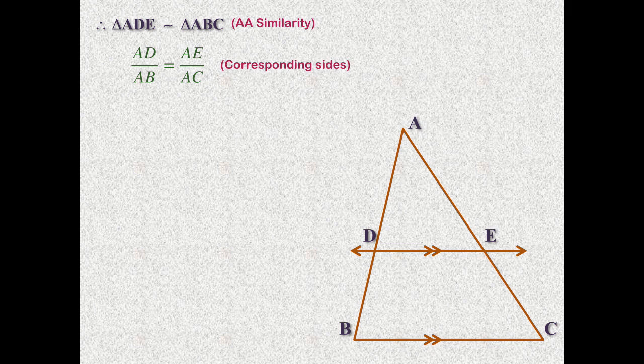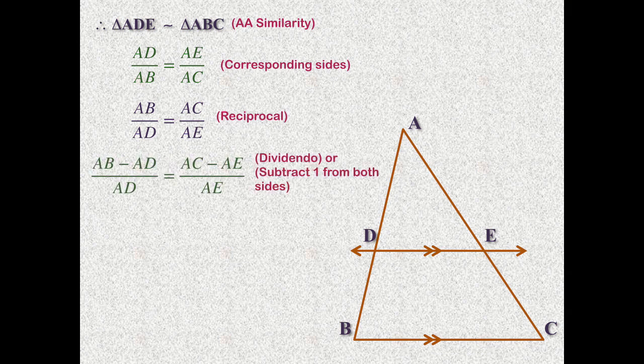By taking reciprocals of these ratios, we get AB upon AD equals AC upon AE. Now, applying dividendo, which means subtracting 1 from both sides of this equation and then taking LCM, we get AB minus AD upon AD equals AC minus AE upon AE.